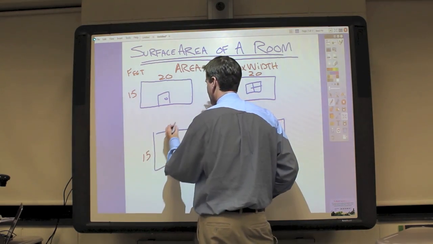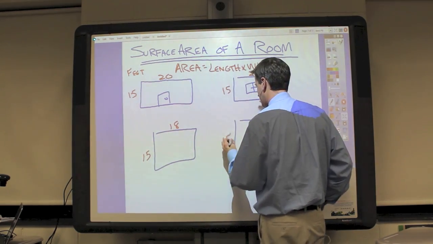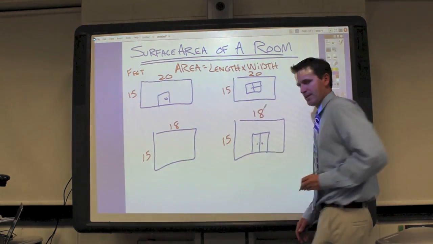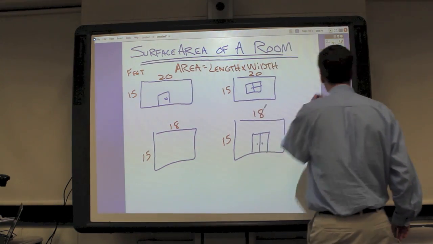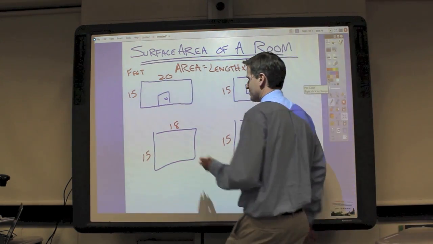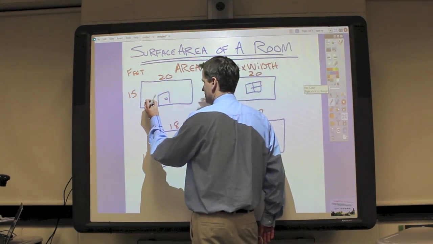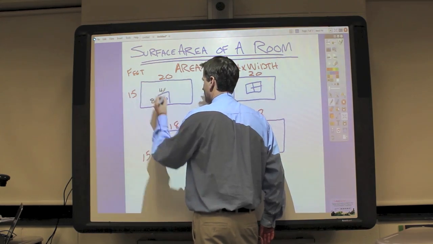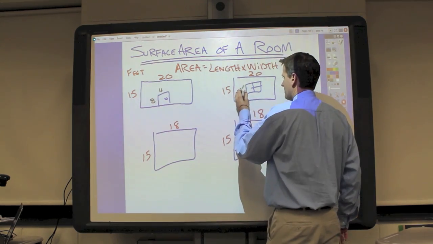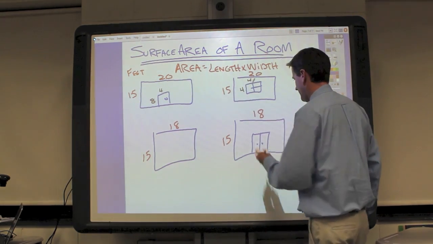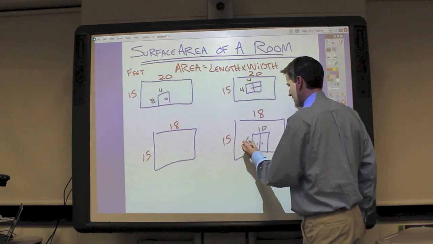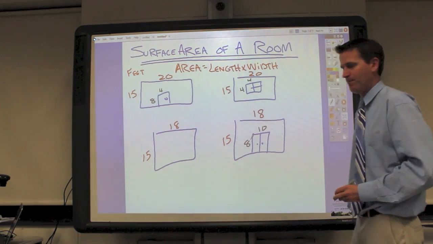So we'll do 15 by 18 and then a 15 by 18. All right, there we go. Now, next thing to do is we need some measurements for our stuff inside these walls. So let's do an 8 by 4 door, let's do a 4 by 4 window, and let's do a 10 by 8 closet door. All right?